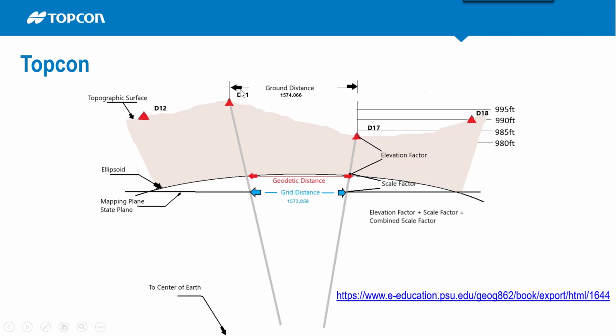And the reason being is this point here, with gravity, this line goes to the center of the earth. Same thing with D17. This line that we see here based on gravity goes to the center of the earth. Your mapping plane, which is your state plane projection, is projected basically down here where it fits close to the ellipsoid.